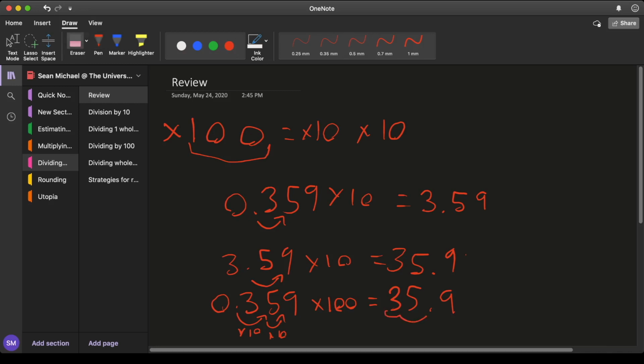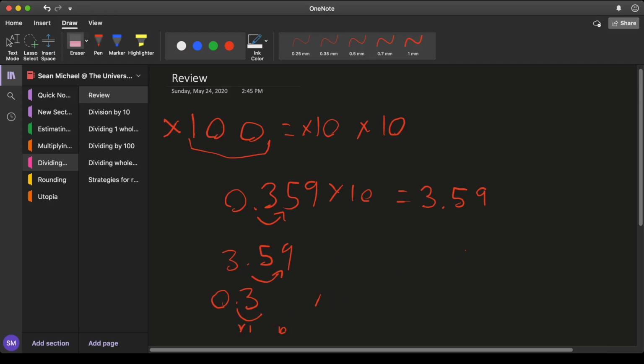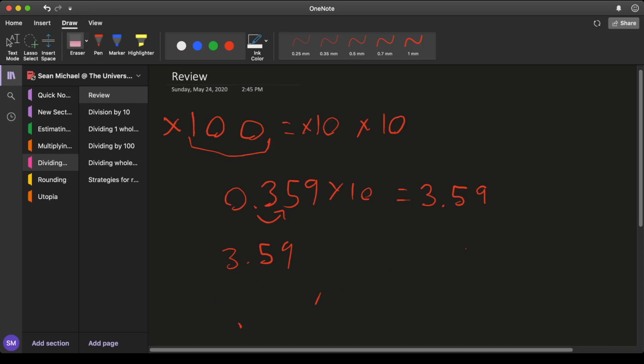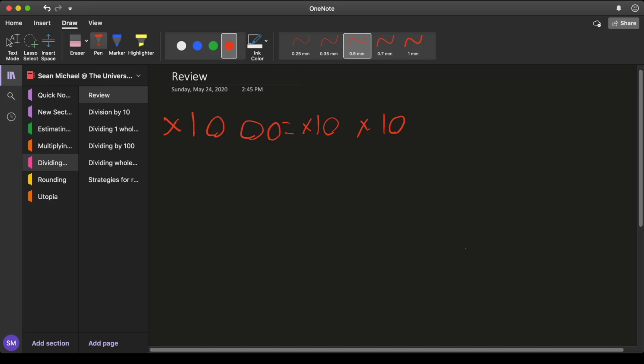And then finally, last but not least, we talked about 1,000. Now 1,000 is a very similar concept, and you could think of it in much the same way. So 1,000 is really like 10 times 10 times 10.